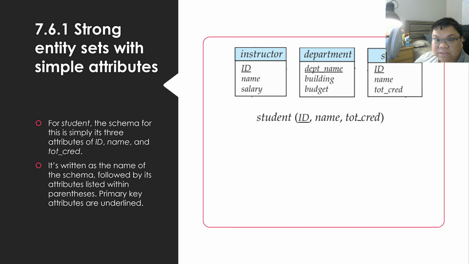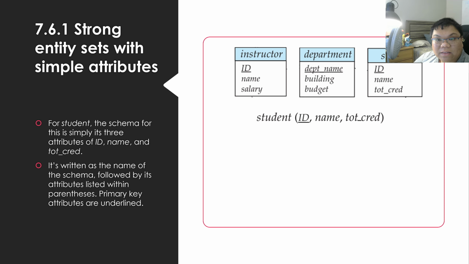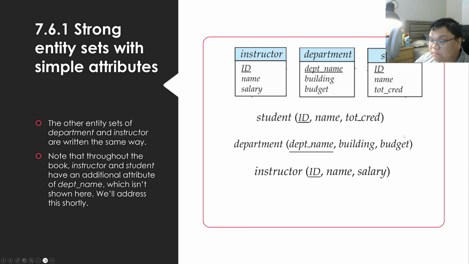So this is for a student, and my camera is obscuring the student. But we do this for strong entity sets with simple attributes. So student, and in parentheses, ID, underlined, name, total credits. The same is true for instructor and department. So department name is underlined, building, budget, instructor, ID underlined, name, and salary.